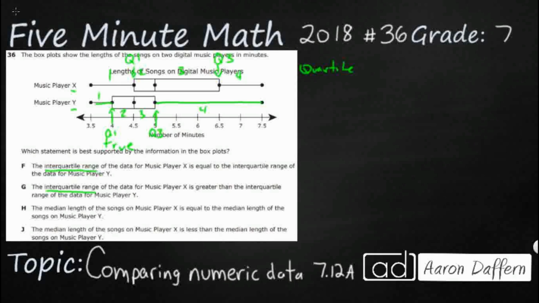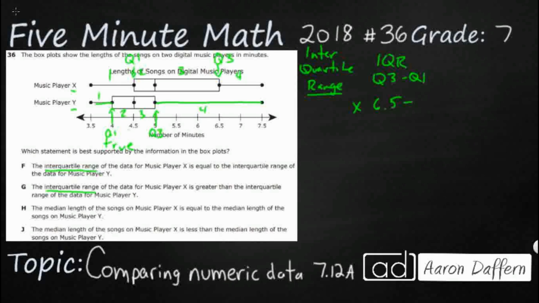So this interquartile range, sometimes just simply called the IQR, because that's a lot, is, well, range is the difference, right? So that is quartile 3 minus quartile 1. All right, so we can map these. So X, well, its quartile 3 is 6.5.